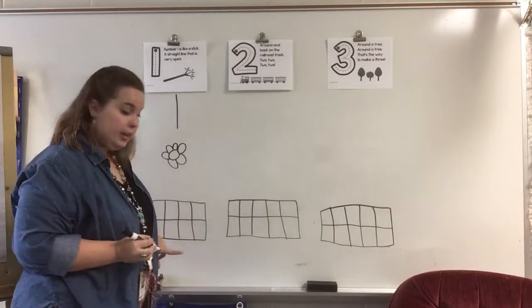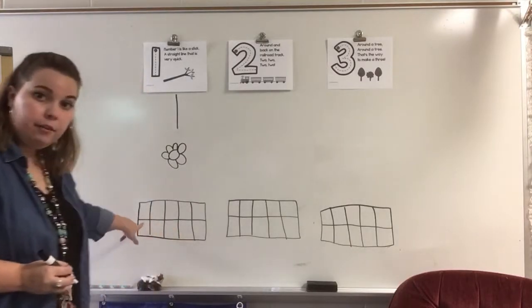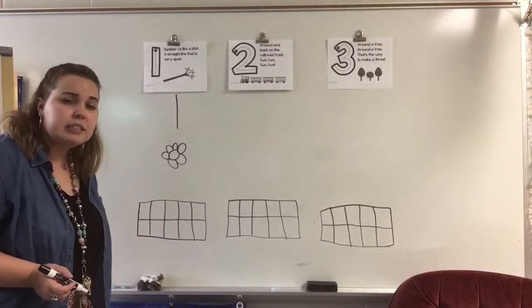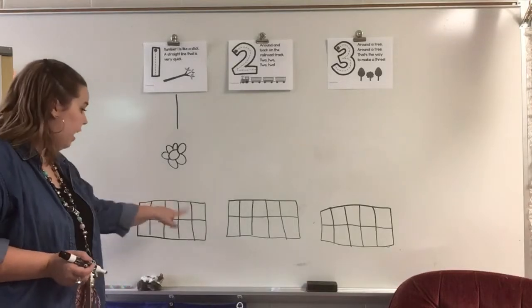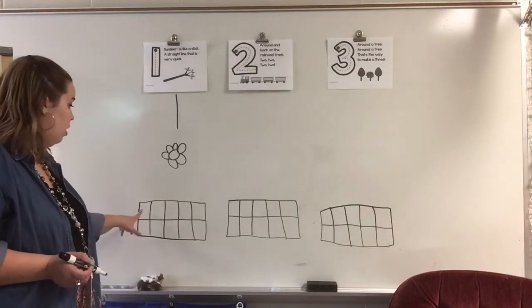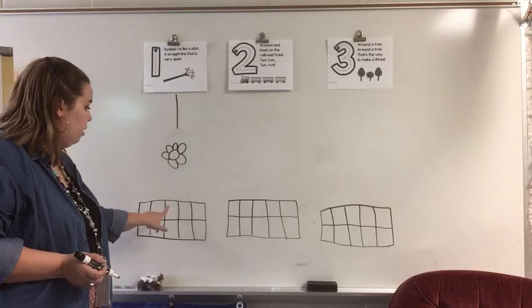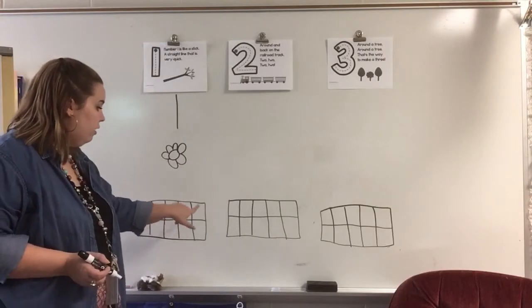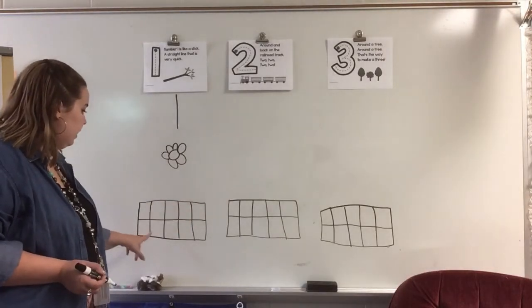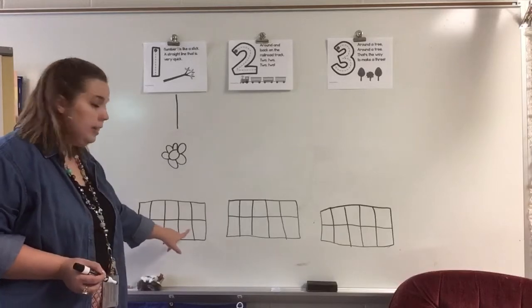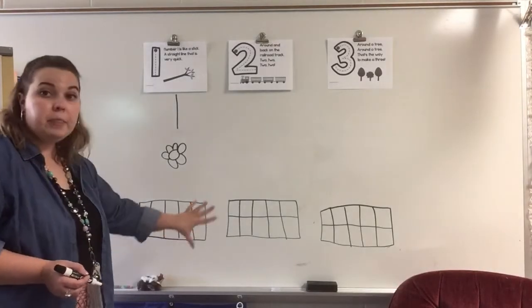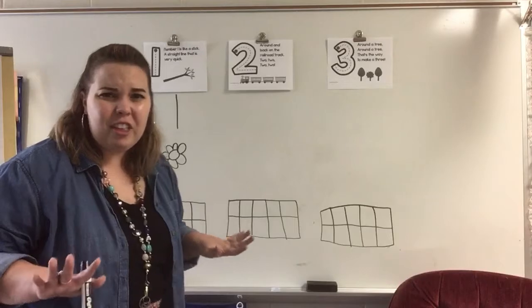And we can make it in a 10 frame. Remember, a 10 frame is just a box that's got spots for 10 things. So let's count and make sure we've got enough room here. 1, 2, 3, 4, 5, 6, 7, 8, 9, 10. There's spots for 10. Are we going to fill it all the way in?